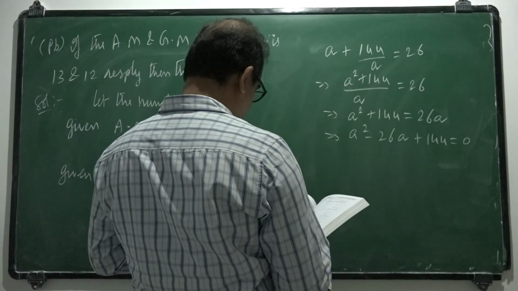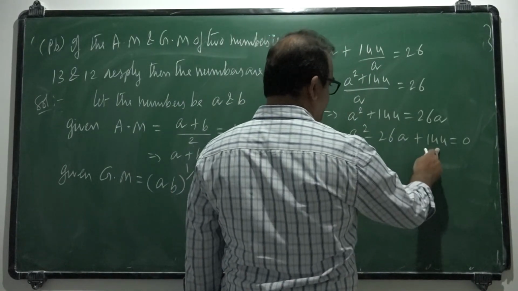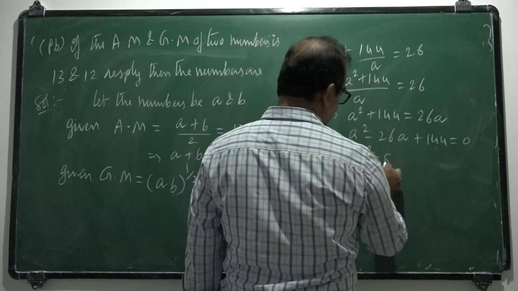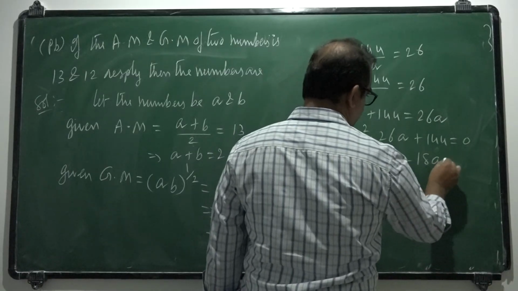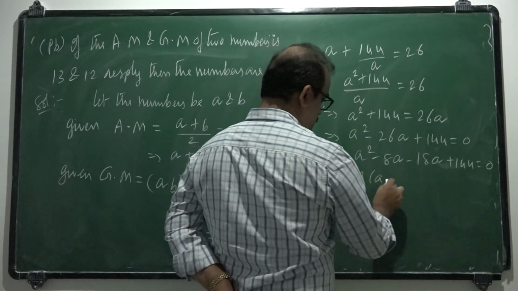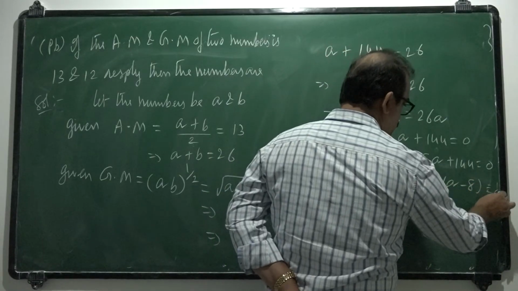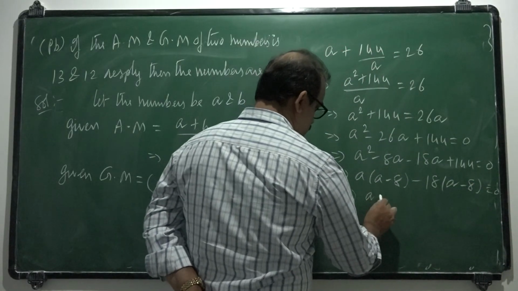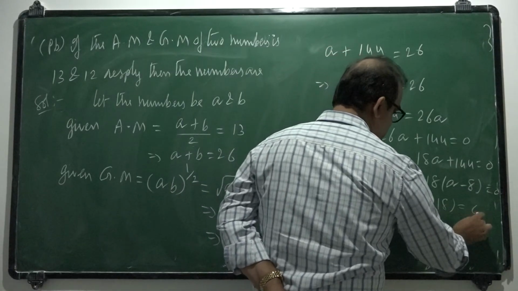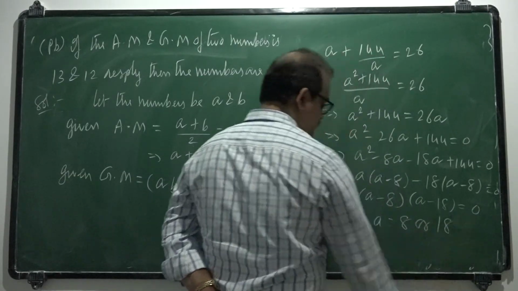Now simplify and find. 18 into 8, 18 plus 8, 26, minus 8a. A minus 8 into A minus 18 is equal to 0. This implies A is equal to 8 or A is equal to 18.